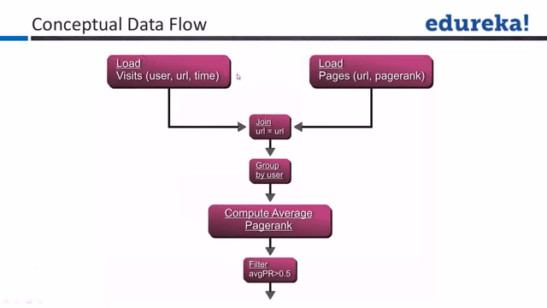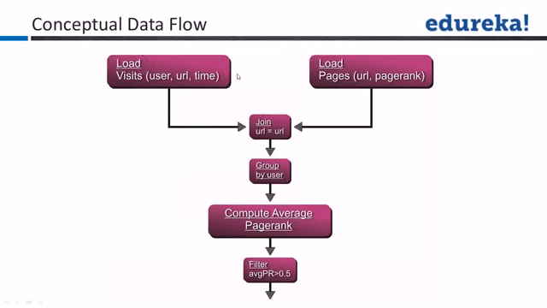Vipul is asking why compute the average page rank? Well, Vipul, that is the problem we wanted to solve: I want to find out all the users who visit good pages. If the typical pages a user visits have an average page rank of more than 0.5, then I'll say that he is visiting good pages.